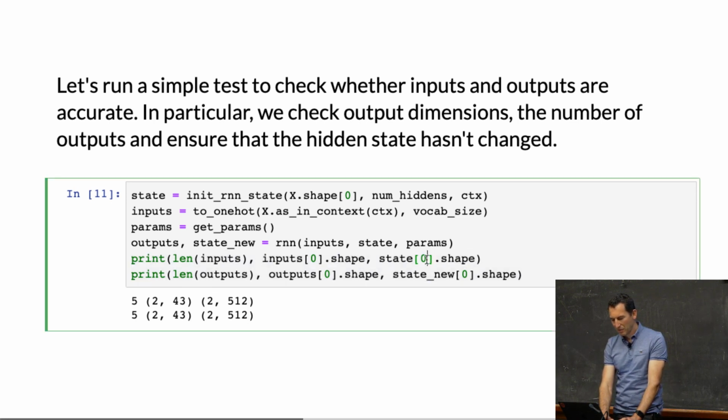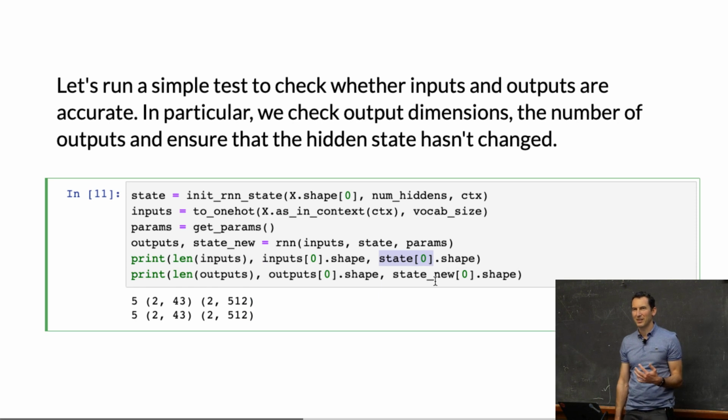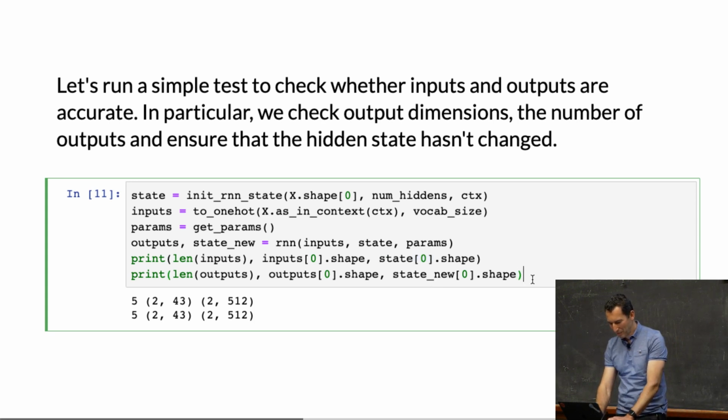Okay. Question. Why did I write state 0? So why did I take the first vector of the state? Okay. Any ideas? Or rather, what would happen if I picked something else? Okay, well, let's have a quick look at what happens if you print state.